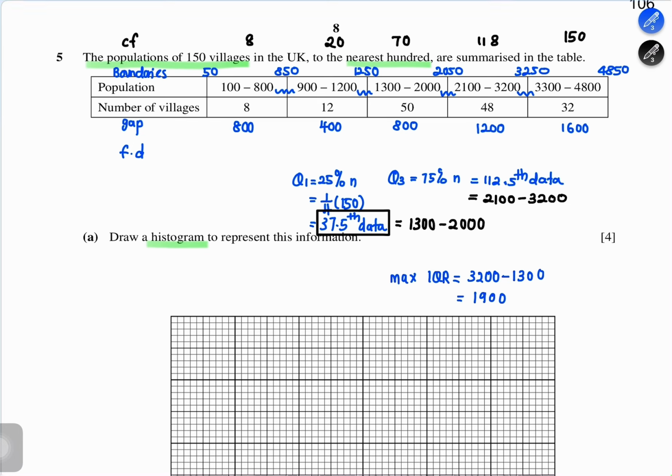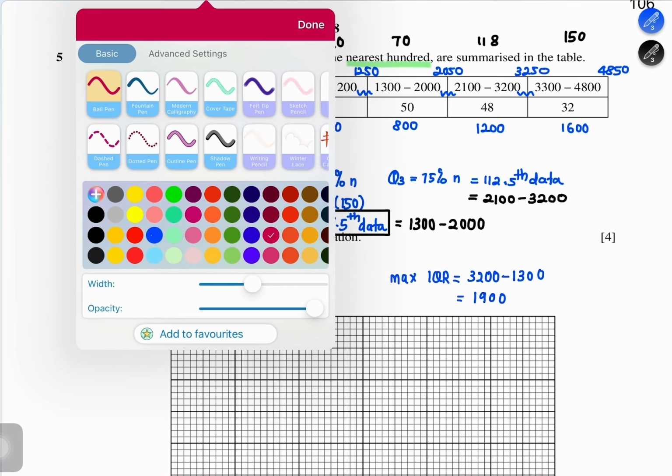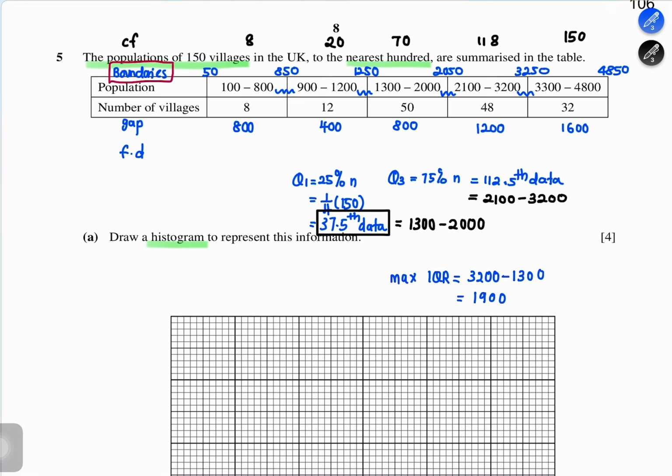Okay, this is if you are using the class interval, but you should realize that when you were drawing the histogram, the boundary was a matter for you, so you should have been alert. You can't just take the class intervals and come to a decision saying 1900 is the maximum value. Why?